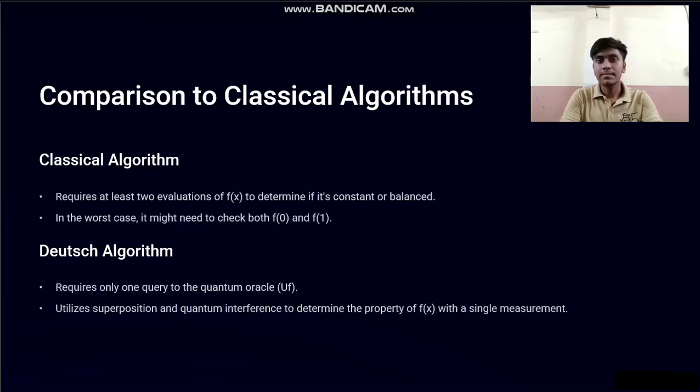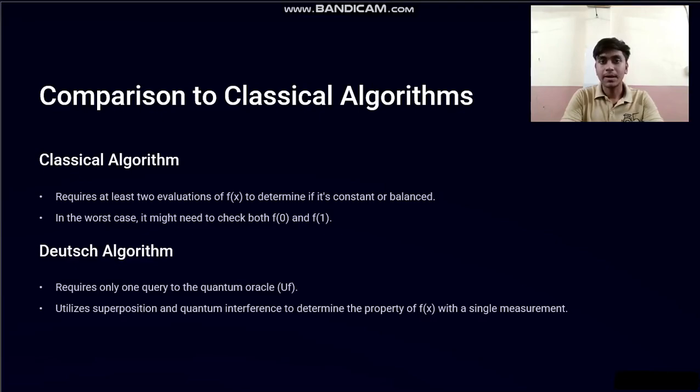Now let's look at the comparison of classical algorithms and the Deutsch algorithm. A classical algorithm needs to evaluate f(x) for both 0 and 1 to decide if it's constant or balanced.